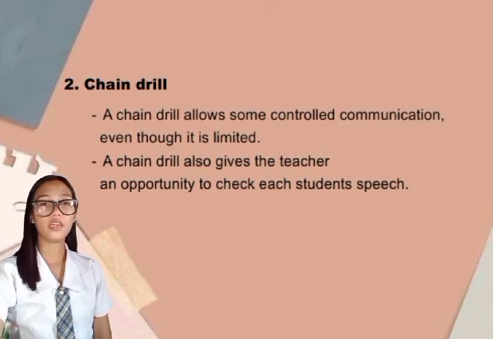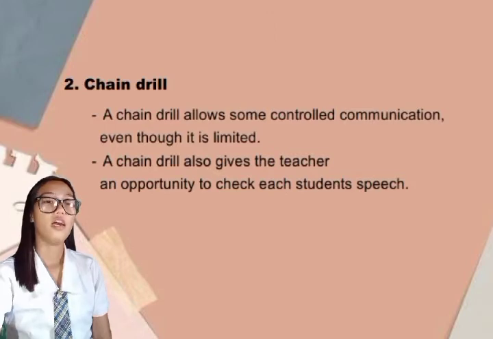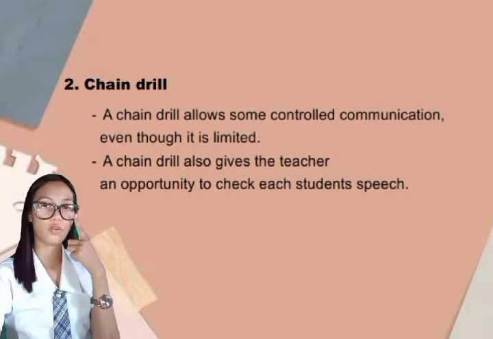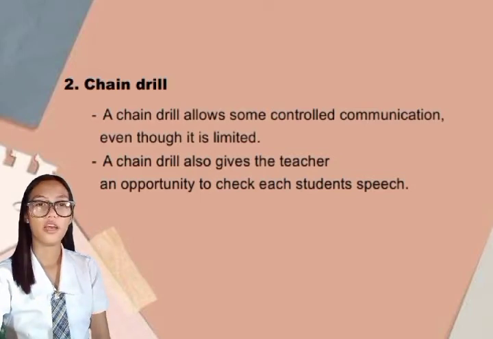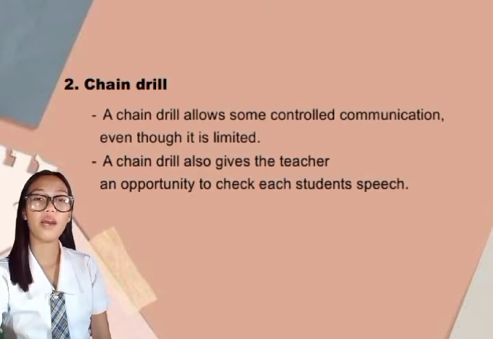A chain drill gets its name from the chain of conversation that forms around the room as students, one by one, ask and answer questions of each other. The teacher begins the chain by greeting a particular student or asking him a question, then that student turns to the second student, and the chain continues.